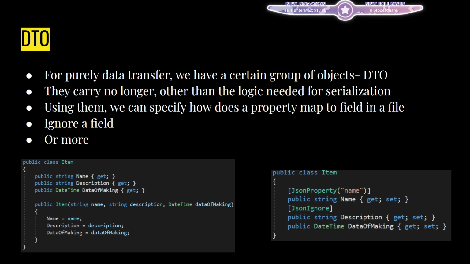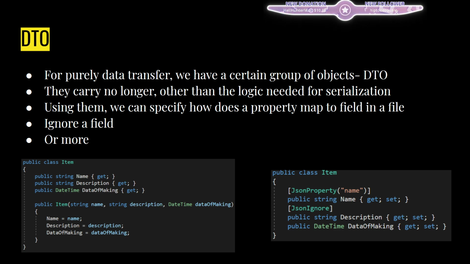And what's so special about this item? Basically, it will always be serialized with name as the JSON property, and it expects a non-capital name when deserializing. And when serializing this object, it will ignore description. If I have a description and I serialize this object, that node will not exist.